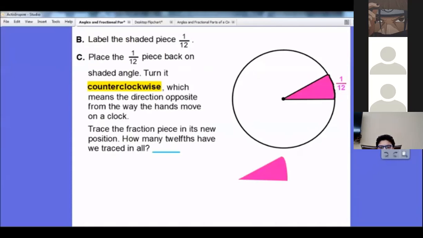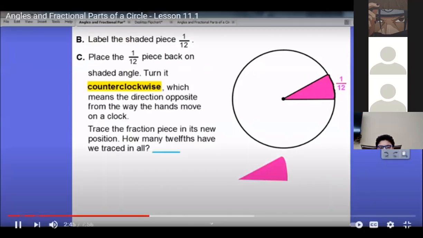All right, and now we're going to place another 1/12. Ahmed? Yes. The pink part here is 1/12. Why did he represent this part like that? Explain to me. Because you know the shaded angle.